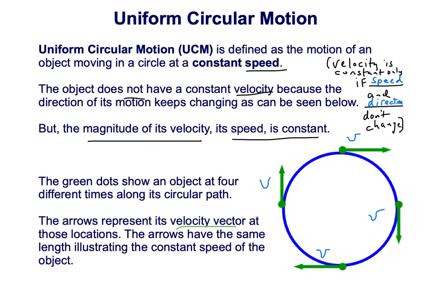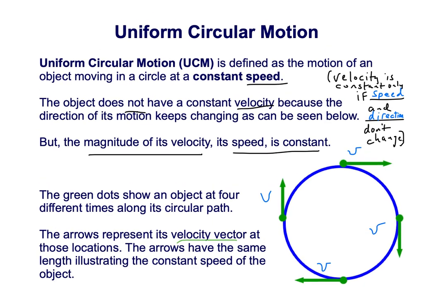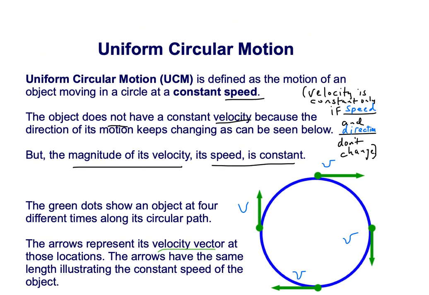Okay, so it's important here to realize that there's another kind of speed besides angular speed, and that's called tangential speed. When an object's going around a circle, it's going with constant tangential speed, and I give the symbol V for tangential speed.